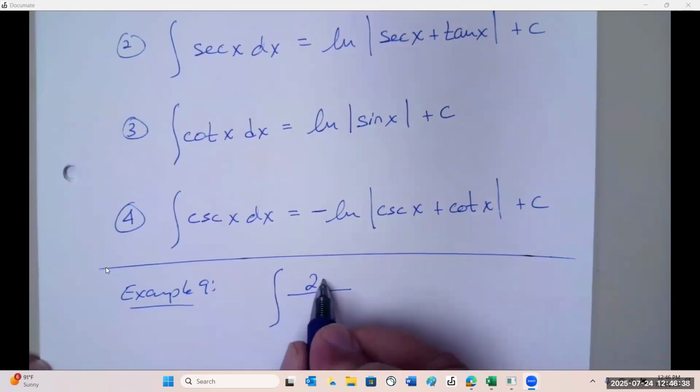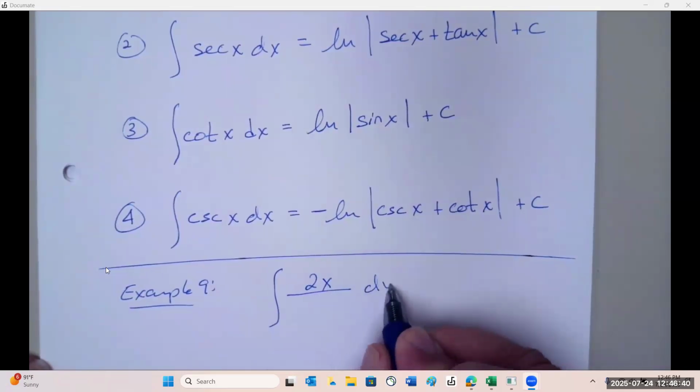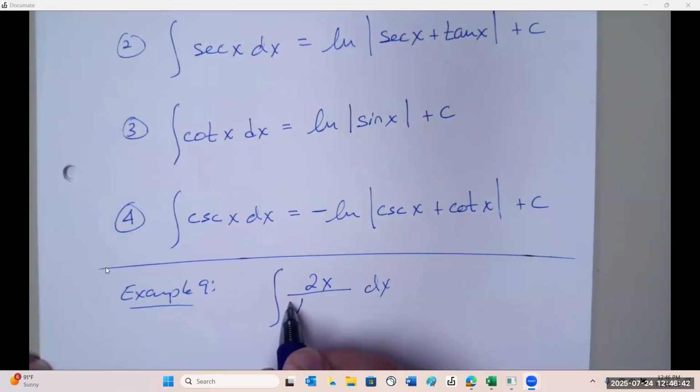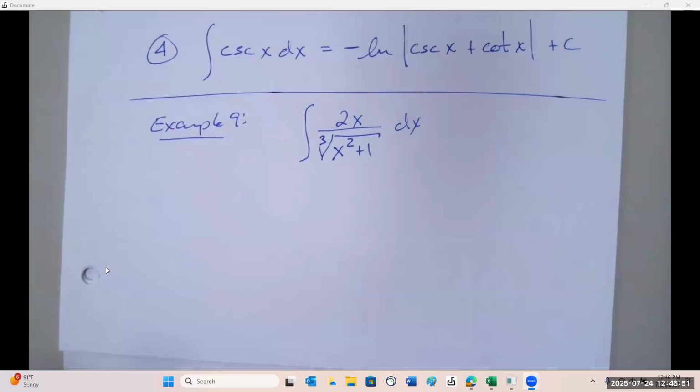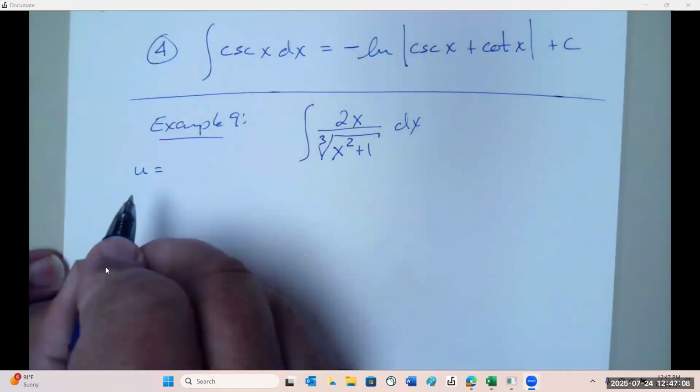What if we had this monstrosity? So what's our u going to be?